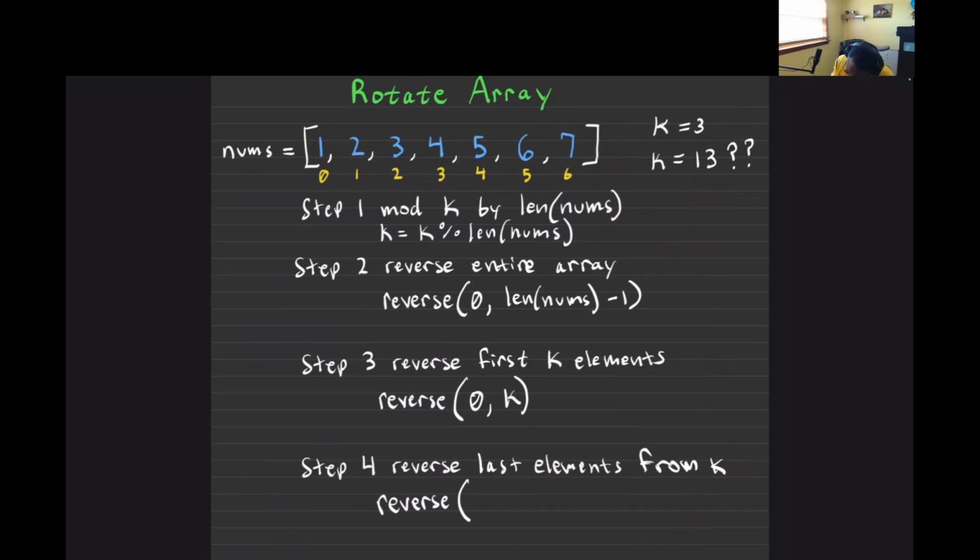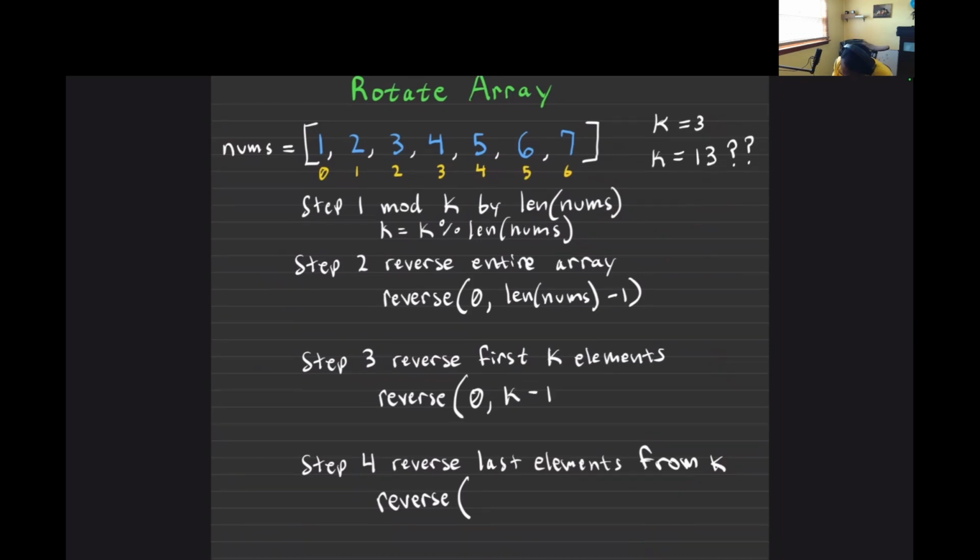Yeah, this should be K minus 1, right? Because it's 0-based index, right? K minus 1 would get us this here. So we want to reverse that. And then obviously we want to reverse from K onwards, right? So we can say from K onwards to len of nums minus 1. And that's it, right? So let's go over to LeetCode and let's code up this solution.